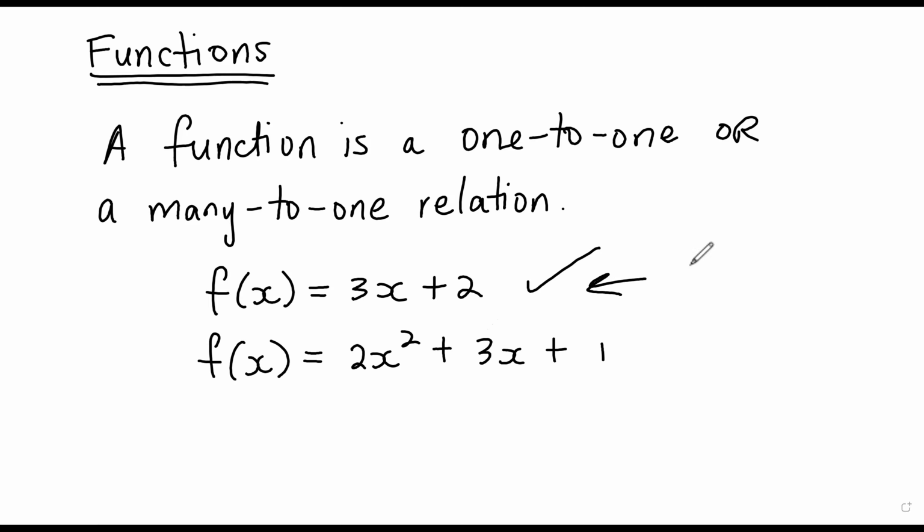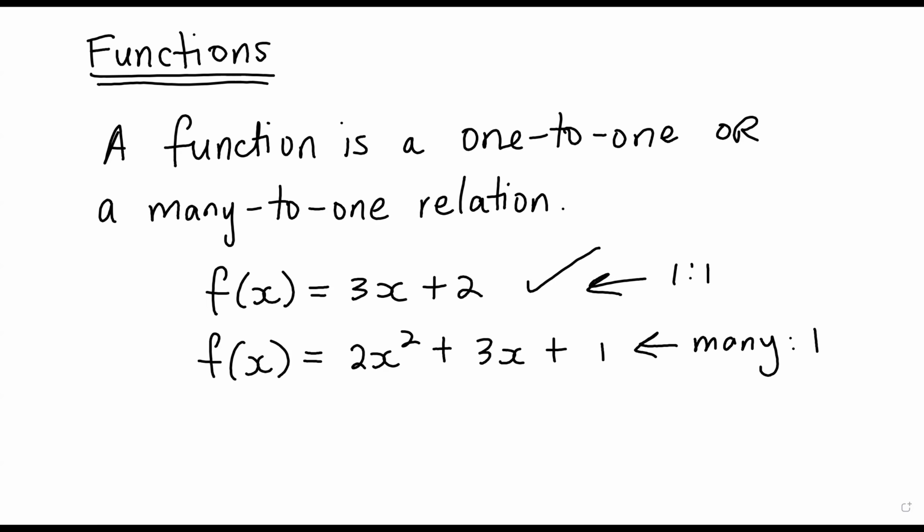This first one will be a one-to-one function, and it's also a linear function because 3x plus 2 represents a linear graph. And then the second one, 2x squared plus 3x plus 1, is a quadratic function, and this is actually a many-to-one function, right?